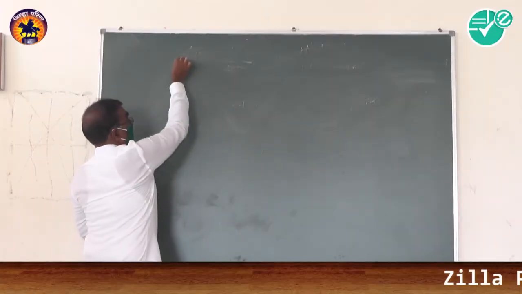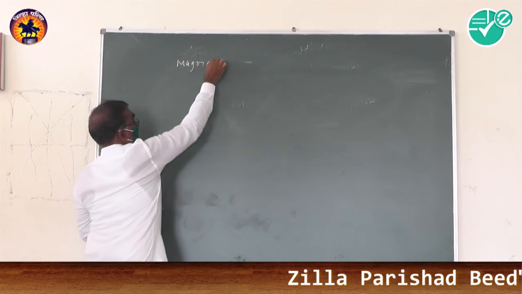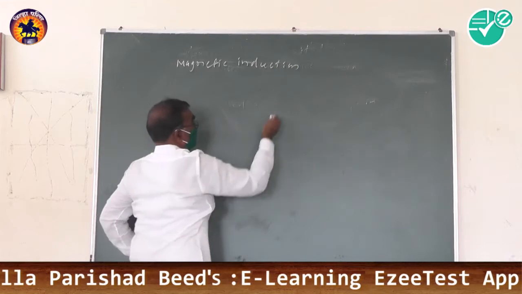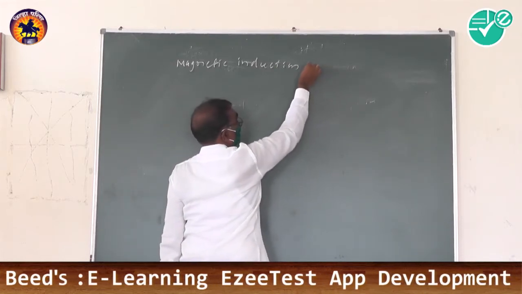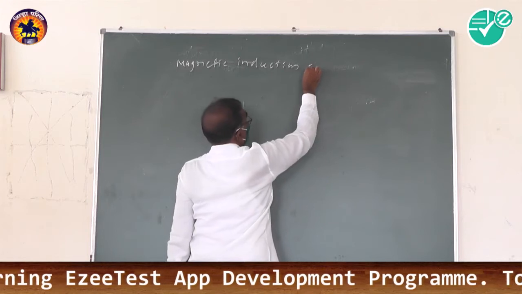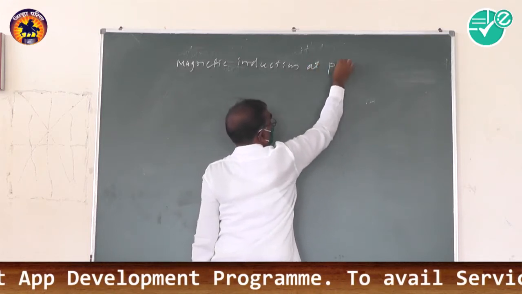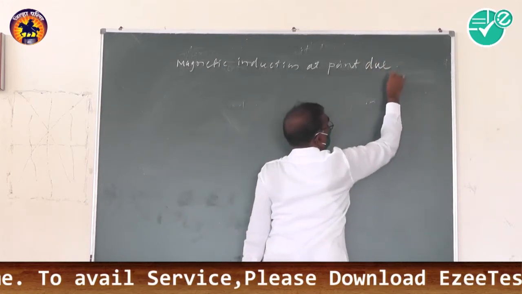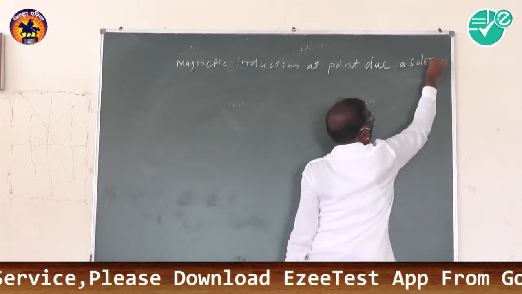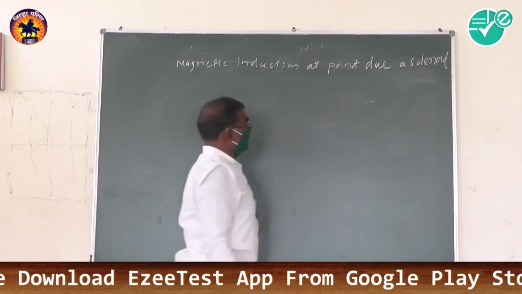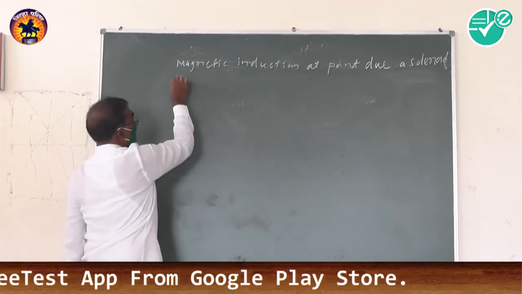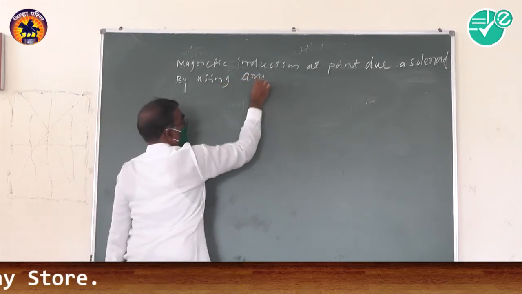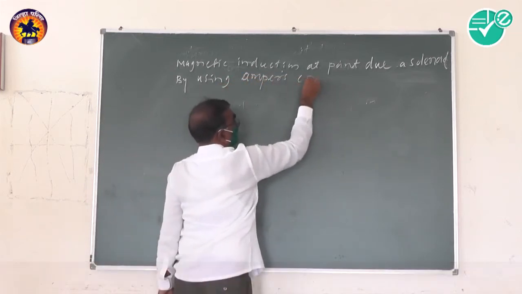Magnetic induction at a point due to a solenoid, by using Ampere's circuital law.